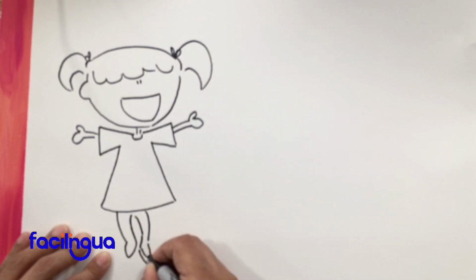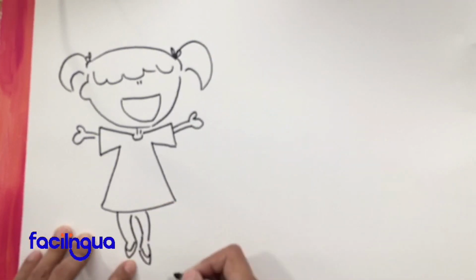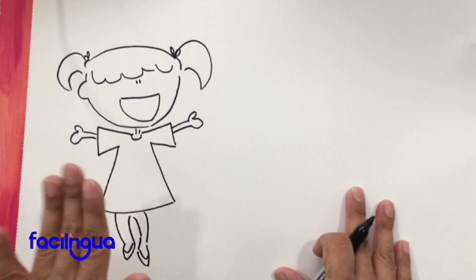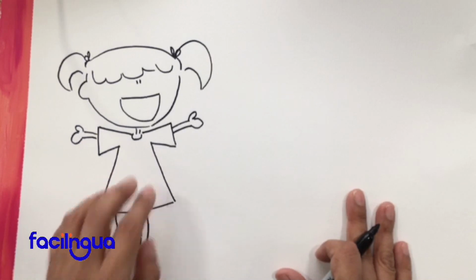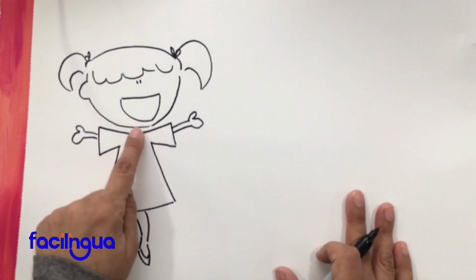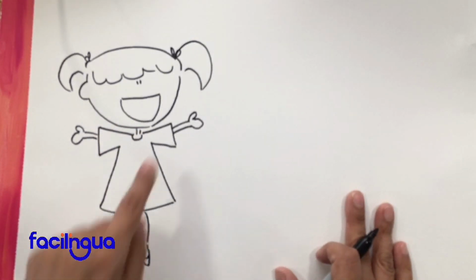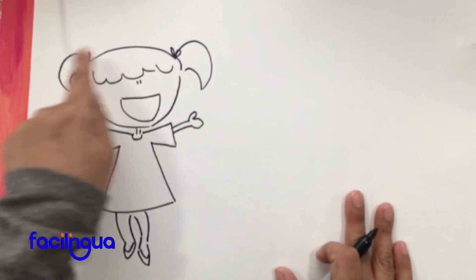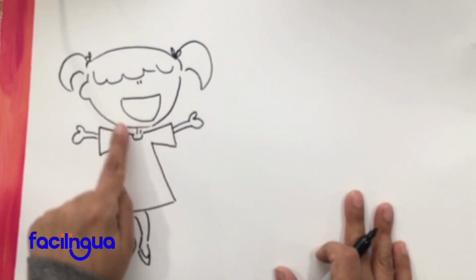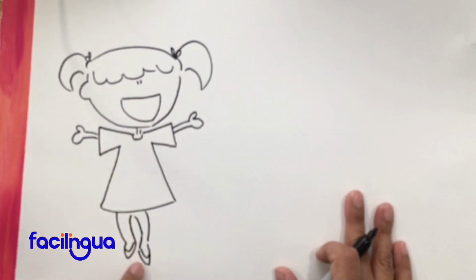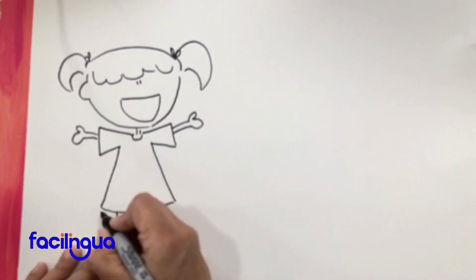And she has some shoes. So this is my girl. This is my first protagonist. She is a girl. There is a girl in my story. She has two ponytails and she's really happy. And she's wearing a dress.